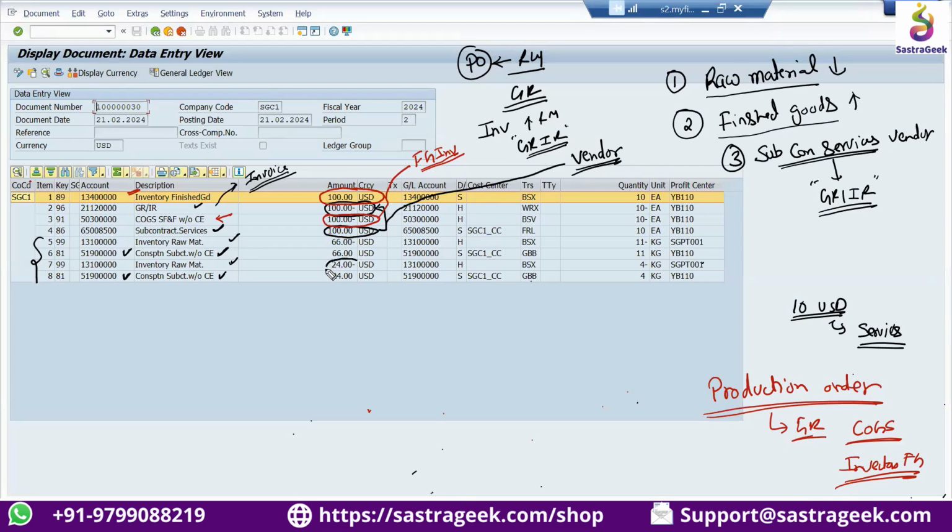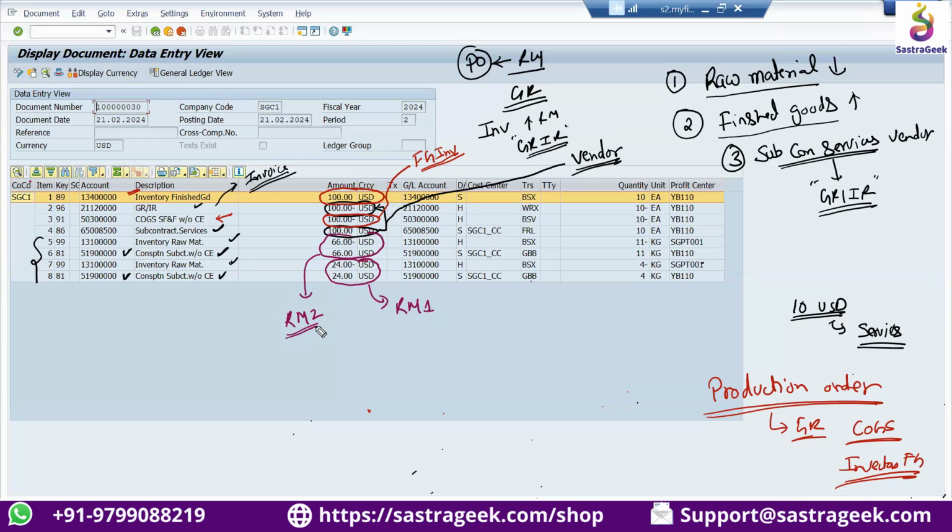So these two are linked to one raw material. Let me try to use another color. These two accounts are linked with the one raw material hitting. And these two accounts hit for the other raw material.